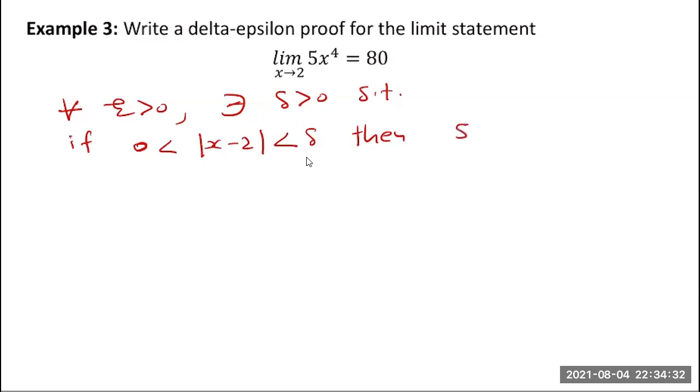Okay, your f of x is of course 5x to the power 4, and your L is 80. The absolute value of f of x minus L has to be less than epsilon. You need to first have your delta in terms of epsilon. Let's start the formal proof.